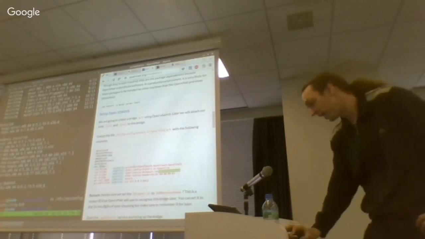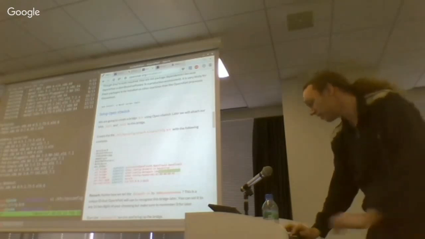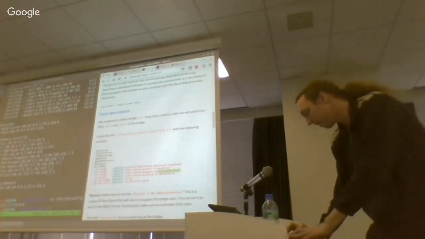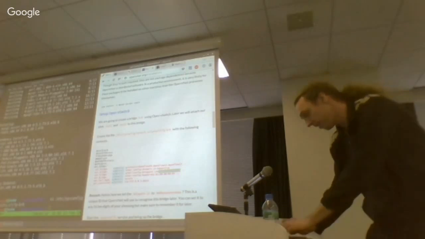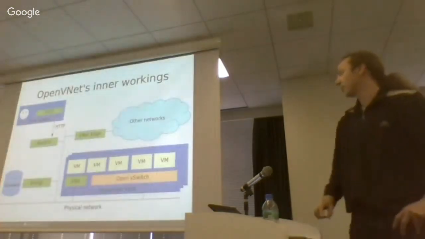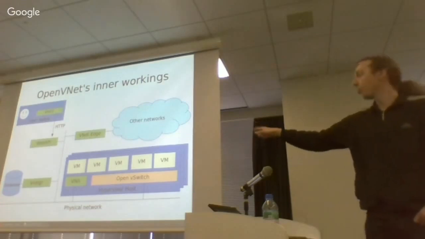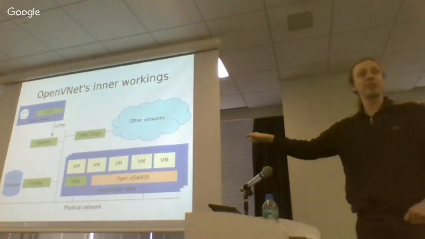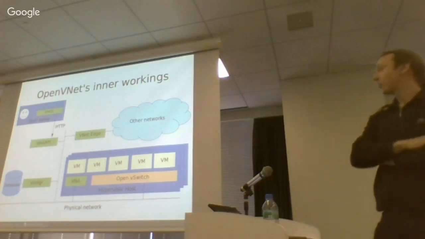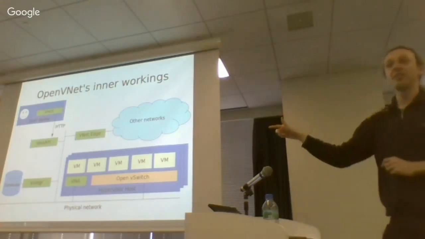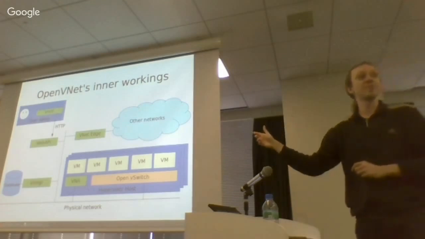Because let's go back to a slide before. If we go back to this slide for a moment, there are multiple hypervisor hosts. They all have their own OpenV switch in there, and they also have their own VNA managing it. So OpenVNet needs to know which VNA is taking care of which OpenV switch.